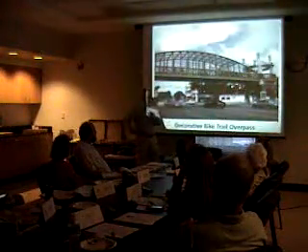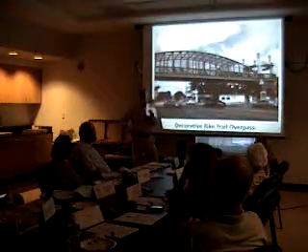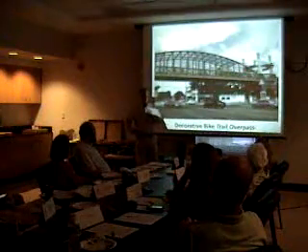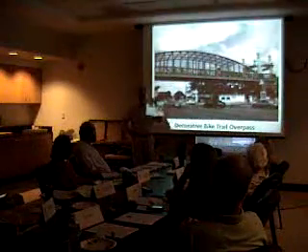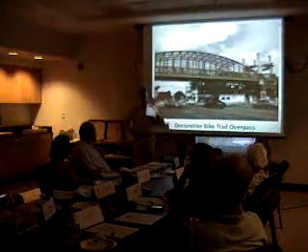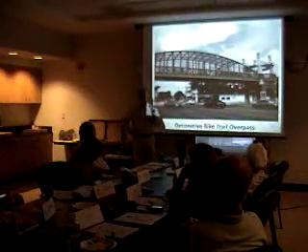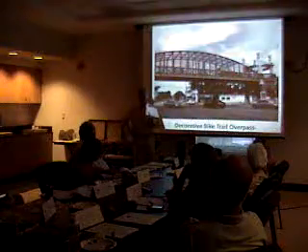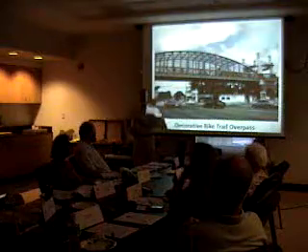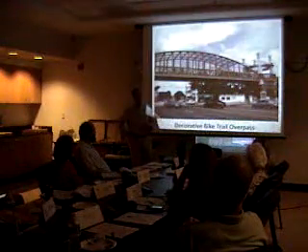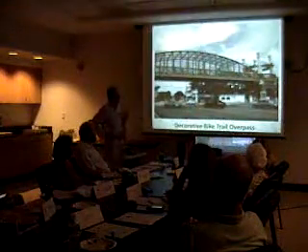Mount Dora used to have old 441 going through downtown. I remember Greyhound buses and citrus trucks, semi-trailer trucks going through downtown. Could anybody imagine what downtown Mount Dora would look like today if it was the main thoroughfare? So we need to anticipate diverting the through traffic and just having good stuff.